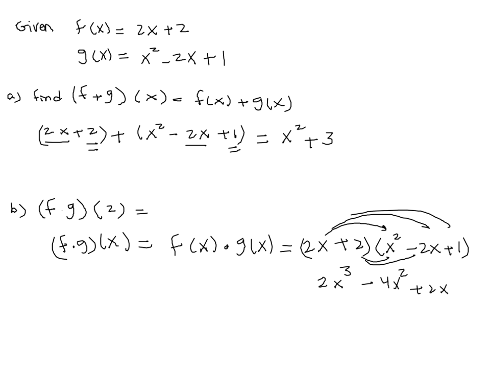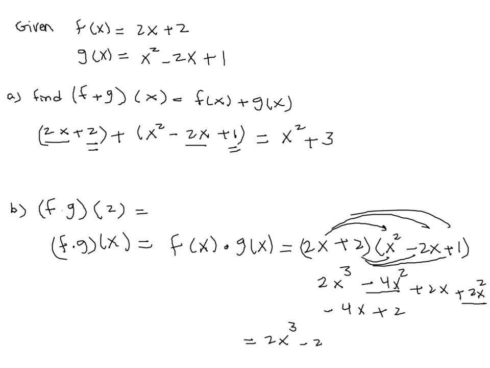Then we continue with distributing. Then we get plus 2x to the power of 2, and then we get minus 4x plus 2. We can combine like terms. We have 2x to the power of 3. Here we have minus 4x to the power of 2 plus 2x to the power of 2.